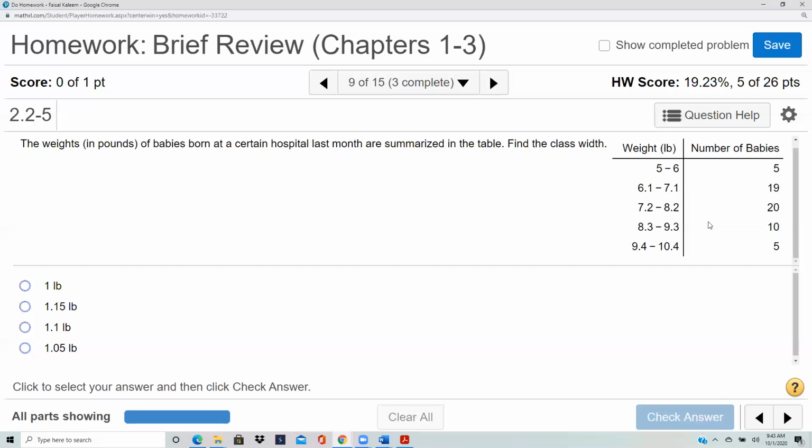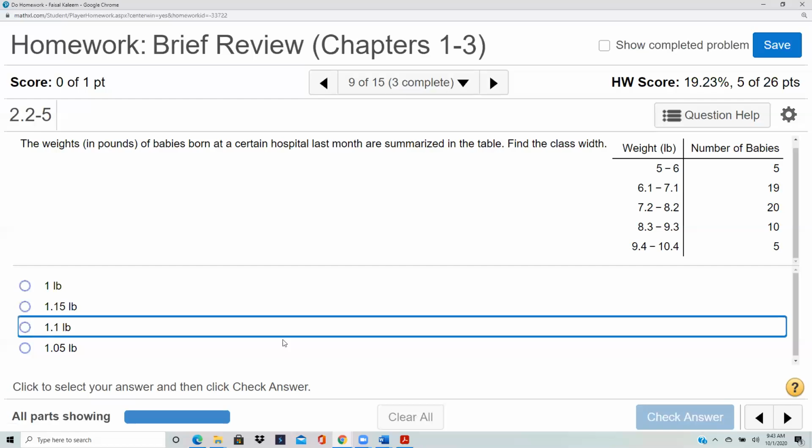No. Again, didn't we agree it's going to be vertical and not horizontal? If you do horizontal, then it's 6 minus 5. But I'm not doing horizontal, I'm doing vertical like this. So you would do 6.1 minus 5? Uh-huh. Which would be 1.1.